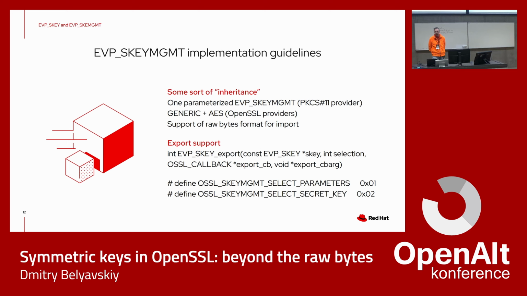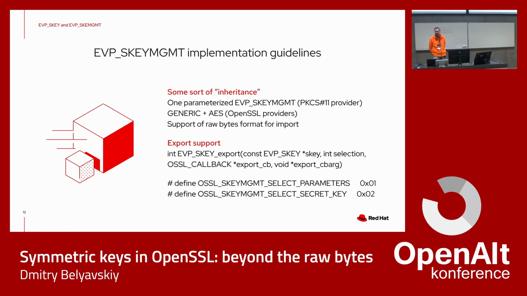What's also a must in case you implement opaque objects and support them in the provider is that you should support the import of raw bytes. And for export, you can't always export the raw bytes representation.